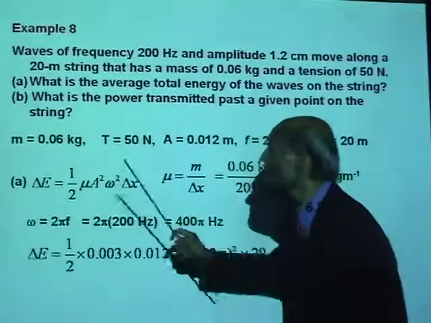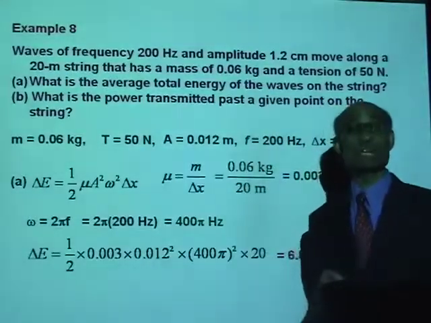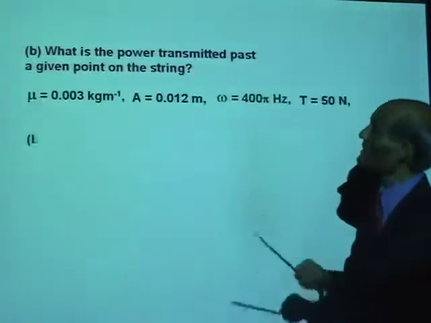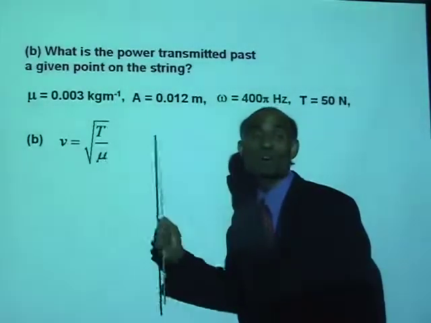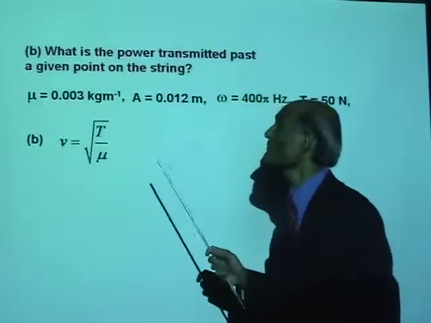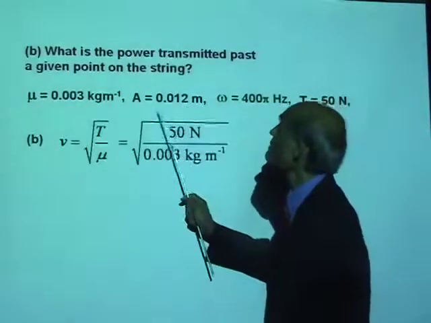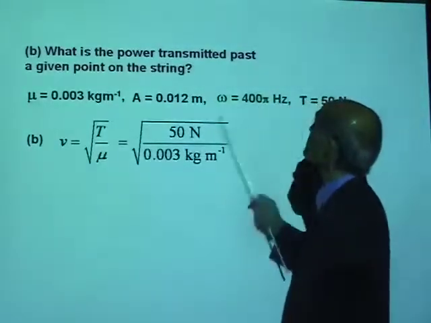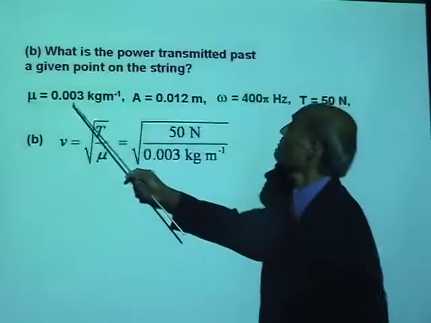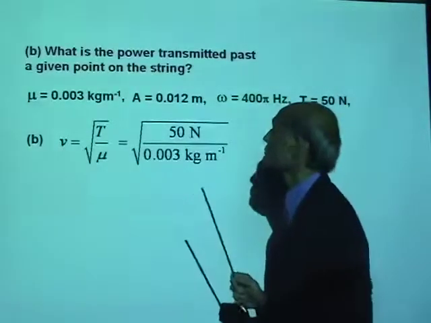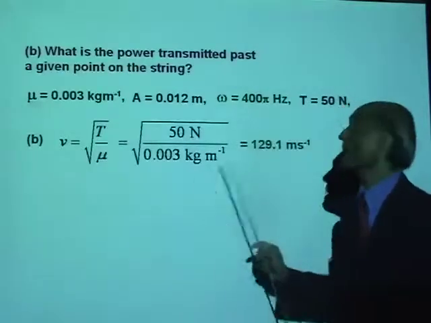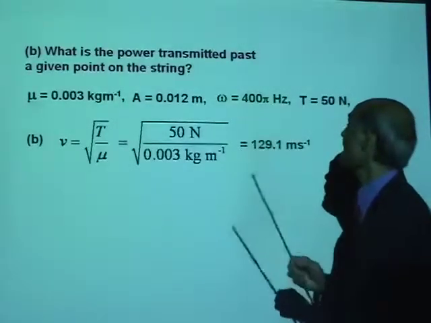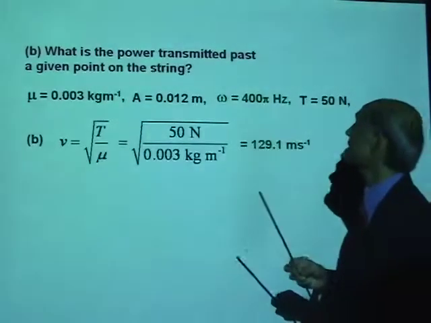So we need the value of v, the speed. Alright, let's do that in the next slide. V equals square root of T over mu, and that will be the square root of 50 Newton divided by mu, 0.003 kilogram per meter, and that will be 129.1 meter per second.